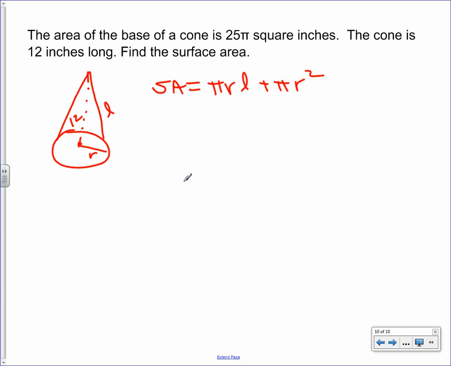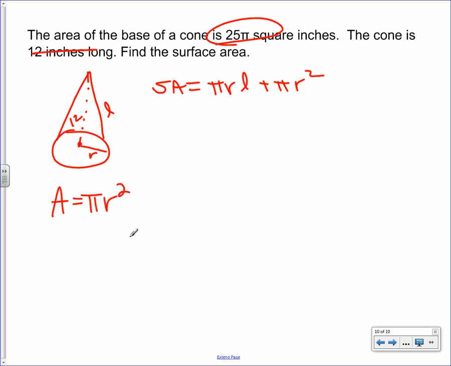No, we don't. How do you know the radius? We don't know the radius yet, but we haven't used the 25 yet, right? They said the area of the base of the cone. What shape is the base of the cone? Circle. What's the formula for the area of any circle?